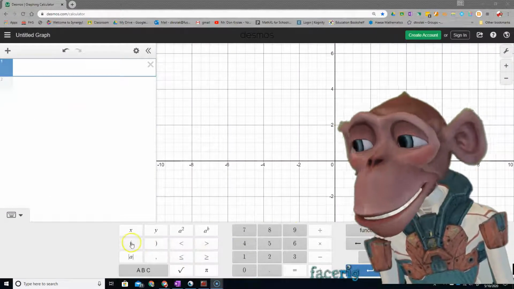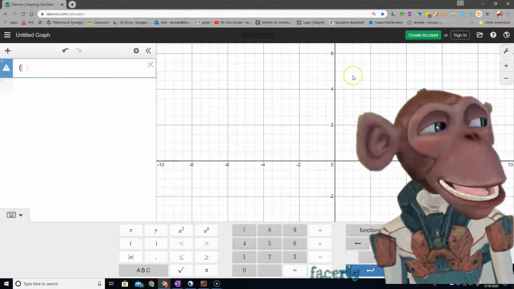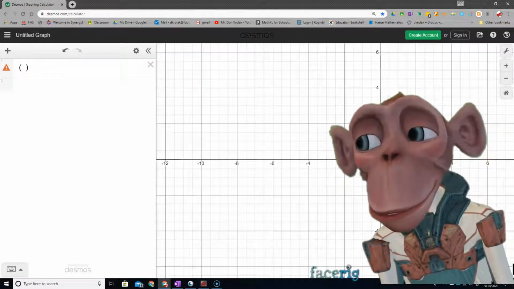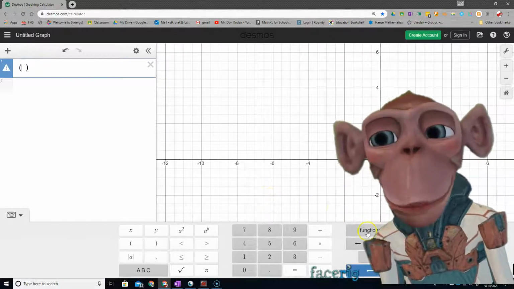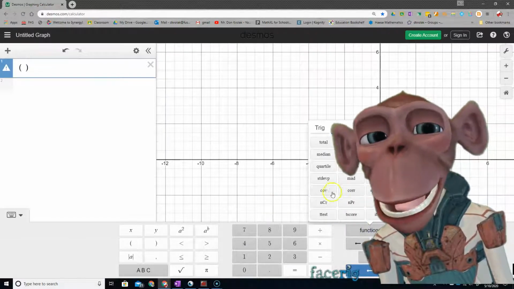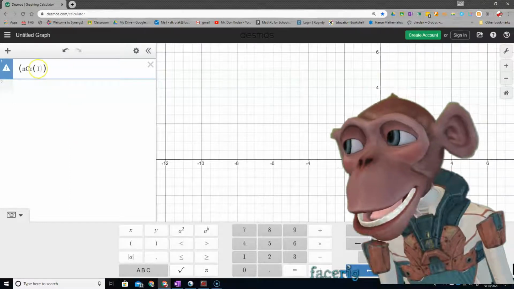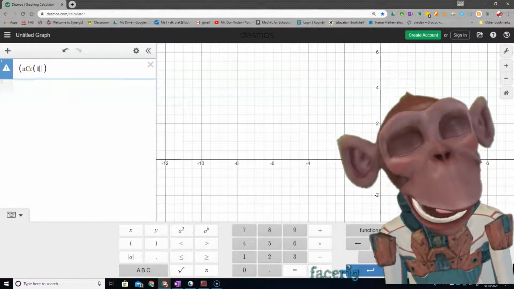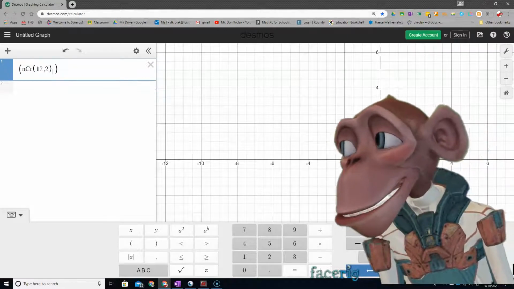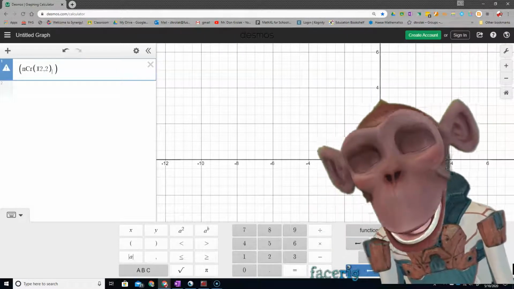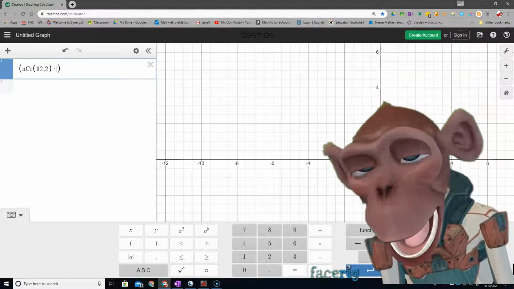All right, to type this in, I'm going to use parentheses. I'm going to do the top of this first. Parentheses, function, combination, and we're doing 12 choose 2. That's how many different ways I can pick 2 face cards out of 12.